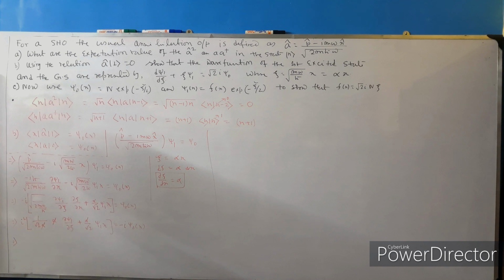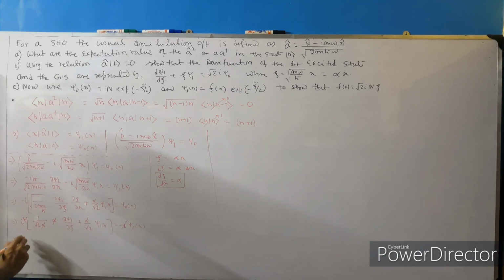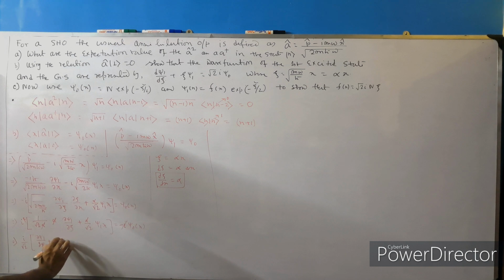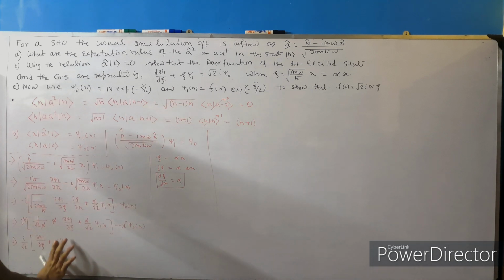So this alpha will get cancelled out and I can take the root 2 common. So i by root 2, and now we are finally left with del psi 1 del xi plus alpha psi 1 x, and alpha x means our xi. So I can write it as xi psi 1 is equal to minus psi naught x.